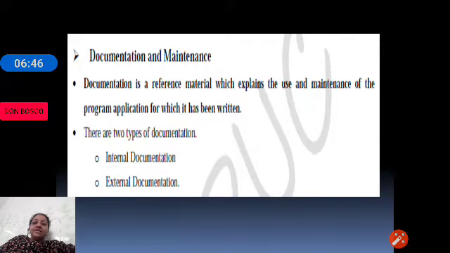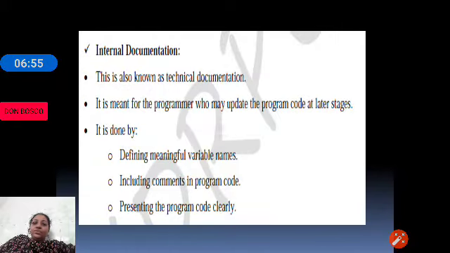About that we give the information, and there are 2 types of documentation. One is internal documentation, the other one is external documentation. So what is internal documentation? Internal documentation is also called technical documentation. Technical documentation means about the program.